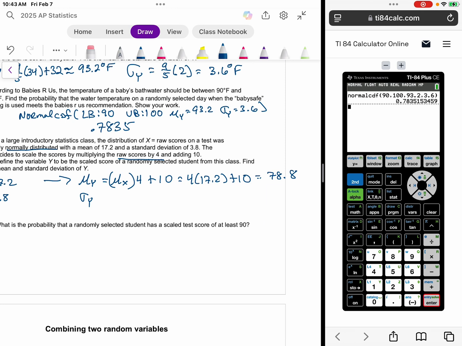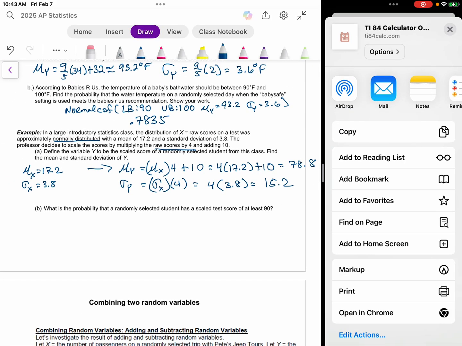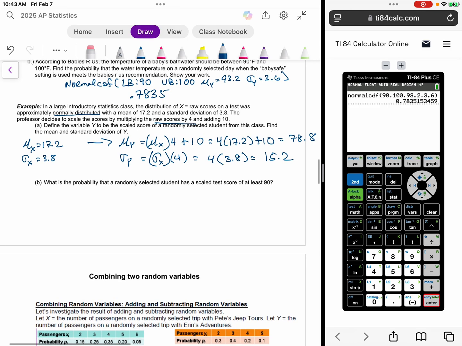It's not that hard. It's pretty quick to do. For the standard deviation, all I'm allowed to do is multiply the original standard deviation by 4. So it's 4 times 3.8, which is equal to 15.2. They didn't ask us to define, they didn't ask us to interpret, so we're good. All we had to do was find it, not define or interpret stuff.